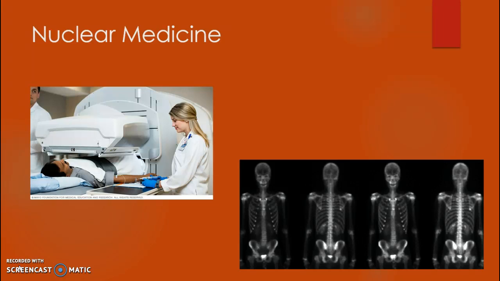The images here are a bone scan, so all of the radioactivity is bound to a calcium-based pharmaceutical, and we inject the patient. We have them wait 3 hours, and then they come back for pictures, and we can see where the bone is being broken down or rebuilt. This type of imaging is used for cancer metastasis or to confirm or deny a stress fracture.